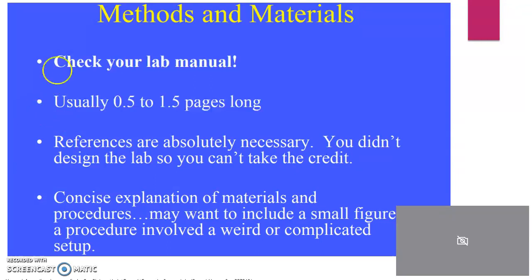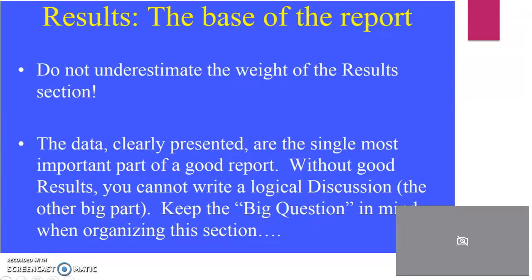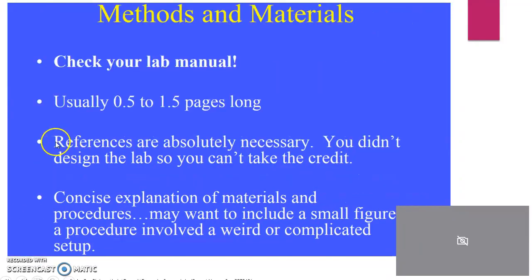Now, this is a biggie: references are absolutely necessary. You didn't design the lab, so you can't take credit for it. Alrighty? So, have a concise explanation of materials and procedures. You may want to include a small figure if a procedure involved a weird, complicated setup. Okay?